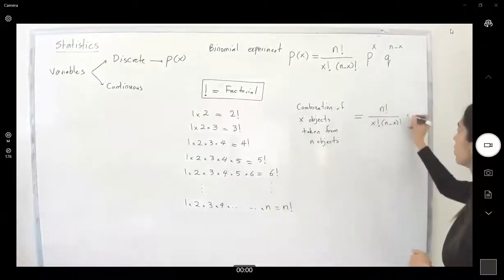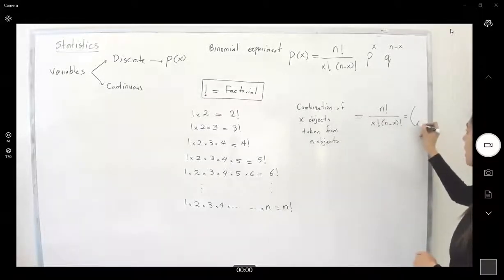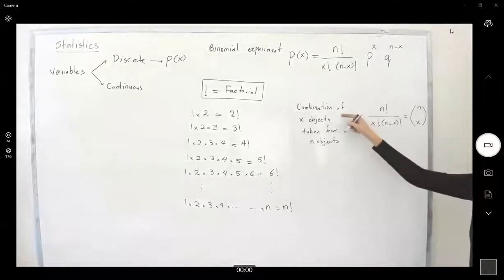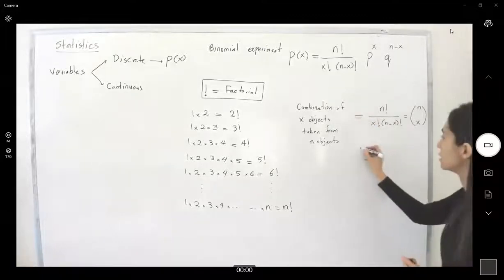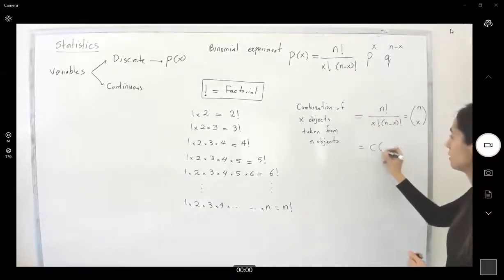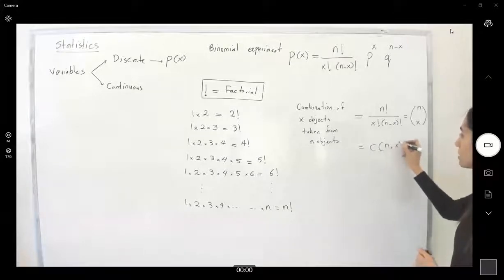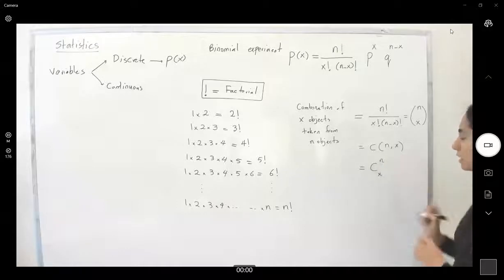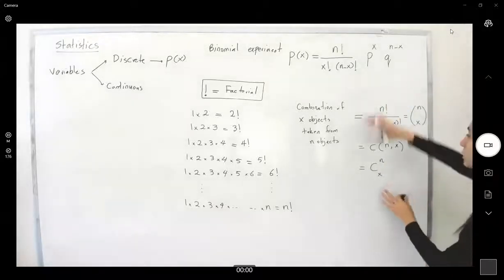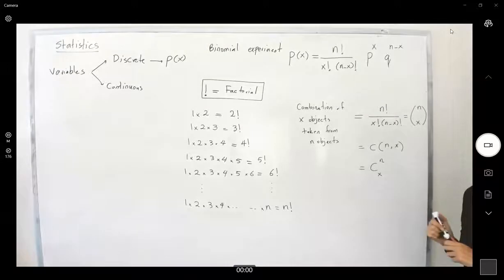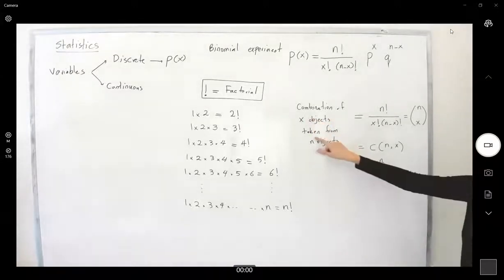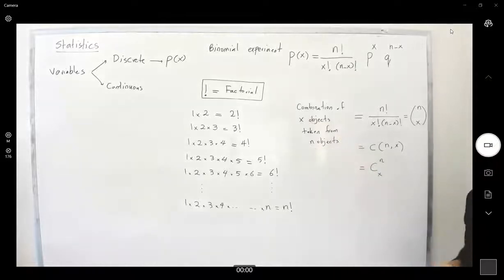We usually denote this by x taken from n, and this is called the combination. Sometimes you see C of n comma x, or you see C of x out of n. So either of these notations represents a combination of x objects taken from n objects.